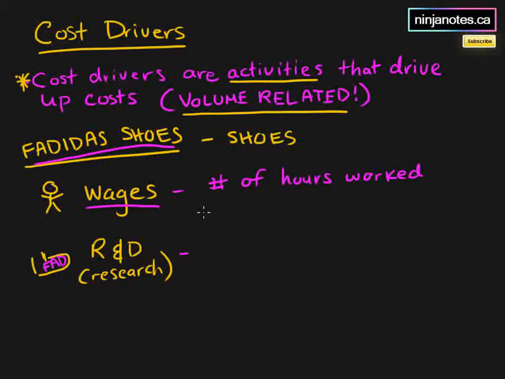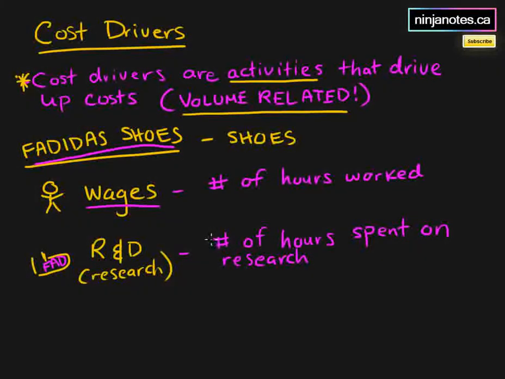And maybe a good cost driver to show how they drive up research and development costs are number of hours spent on research. So that might be one type of cost driver that drives up research and development costs.